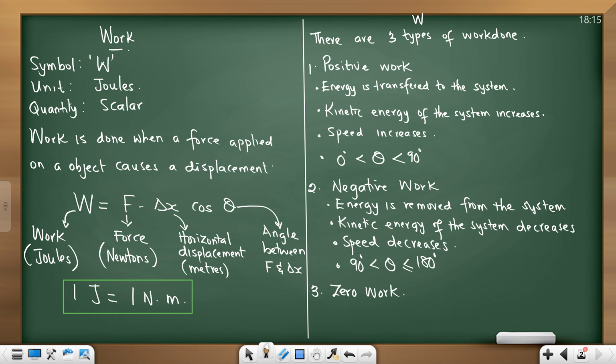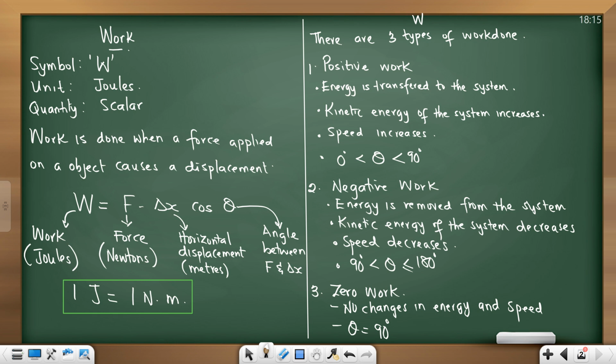When I say zero work, what's happening? No changes in energy and speed. And when will this happen? Theta must be equal to what? 90 degrees.